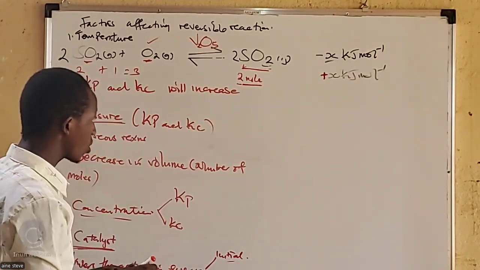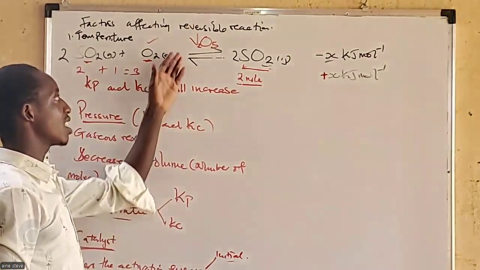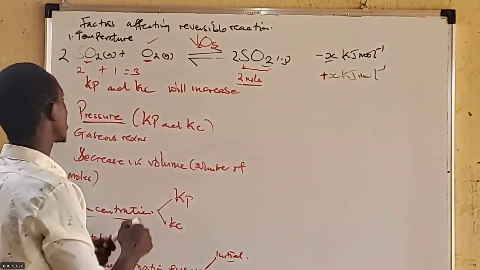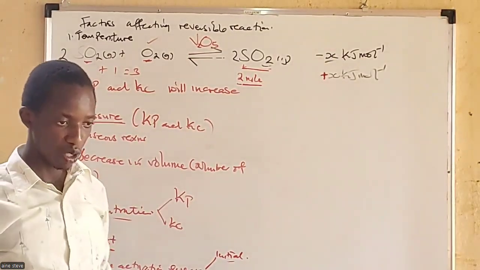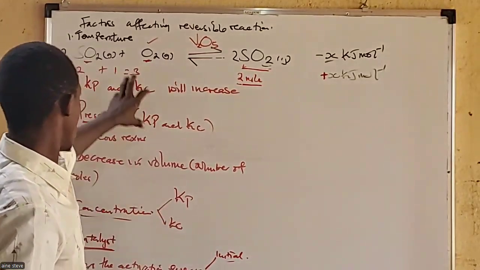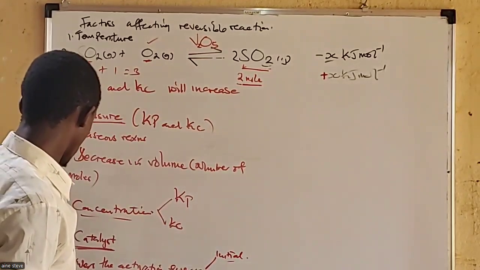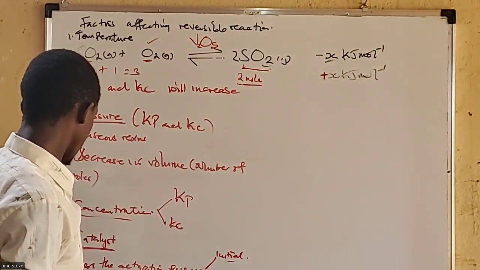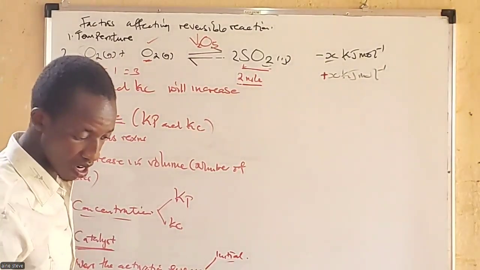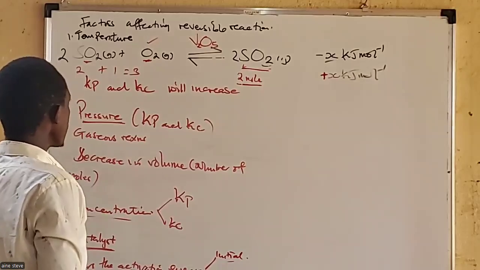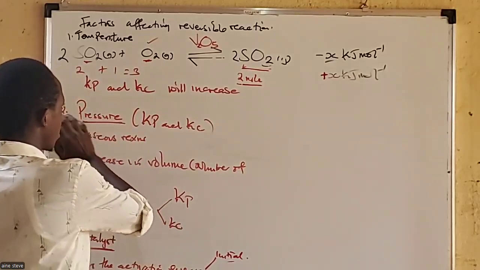And it does so by creating an alternative route through which the gases can get adsorbed. So these are some of the factors that affect reversible reactions. There is a question that I wanted to look at.